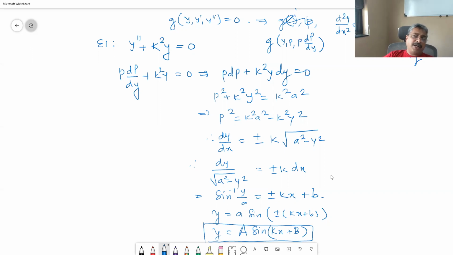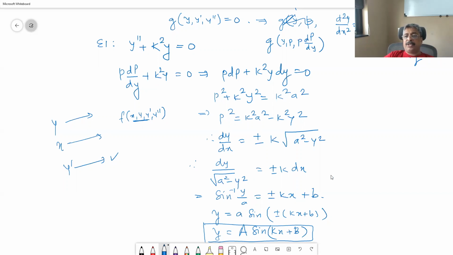Now see, what we are trying to do is, if y is missing, yes, we are able to solve. If x is missing, yes, we are able to solve. Now what we are going to do third is, if y dash is missing, yes, we are going to solve. Out of f of x comma y dash comma y double dash, if any one of these three is missing, then we are successful in solving it. Last part is done, we will do it, but otherwise we are successful in solving it.